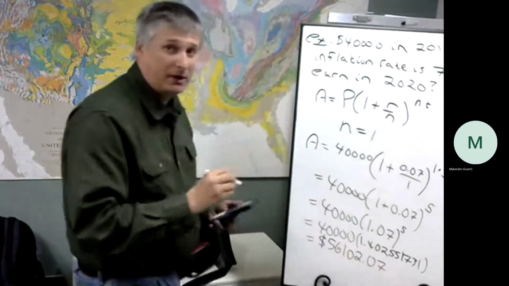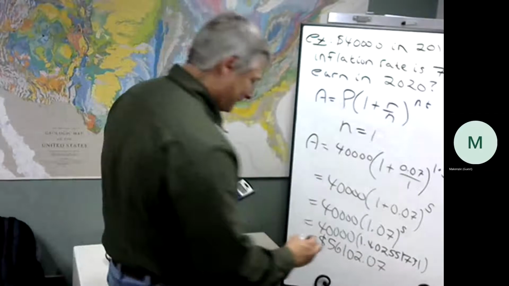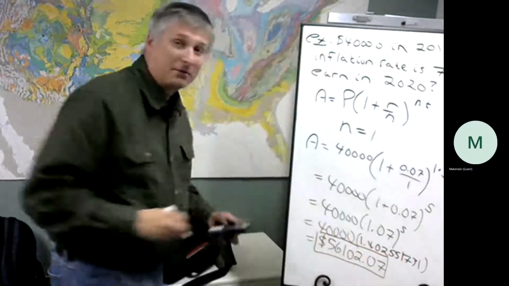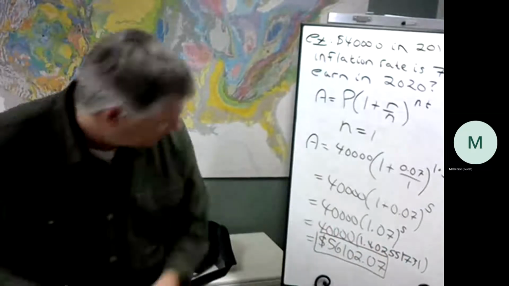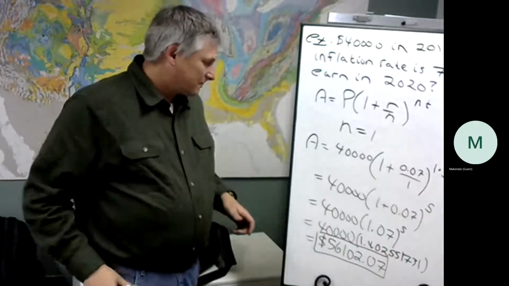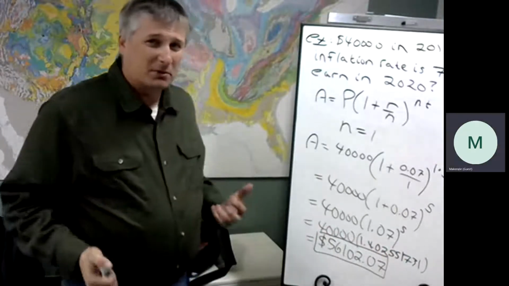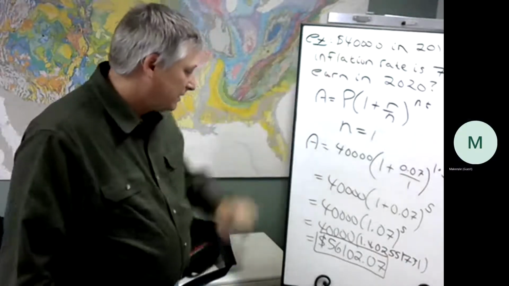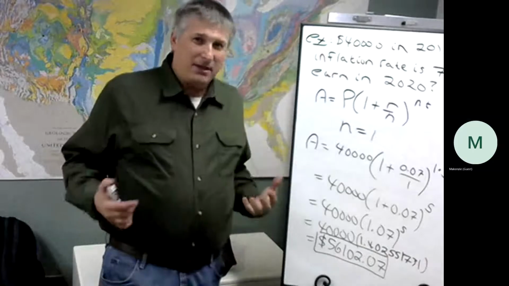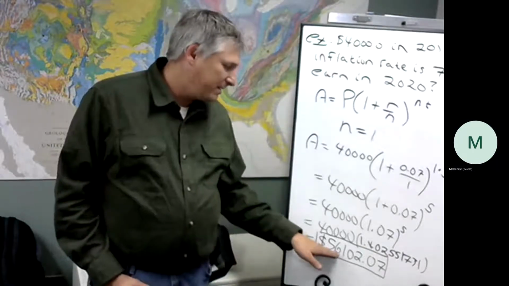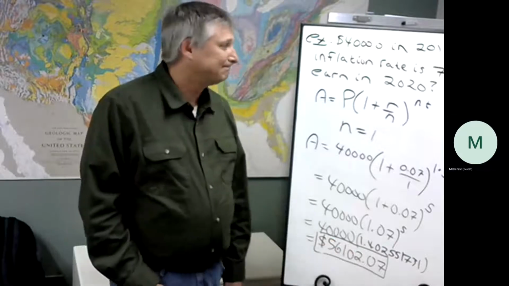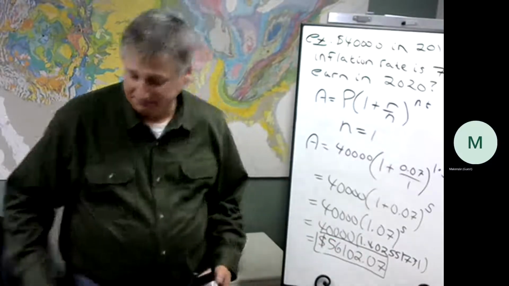And again, rounding to the hundredths place or the nearest cent. And there we go. So if the inflation rate's 7% per year, and we're making 40,000 in 2015, to buy the same things in 2020, we need to be making 56,102.07.